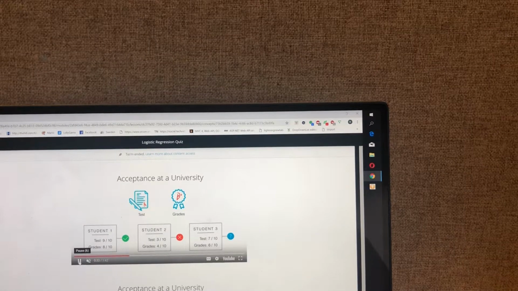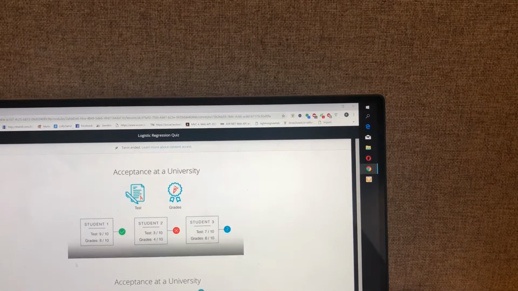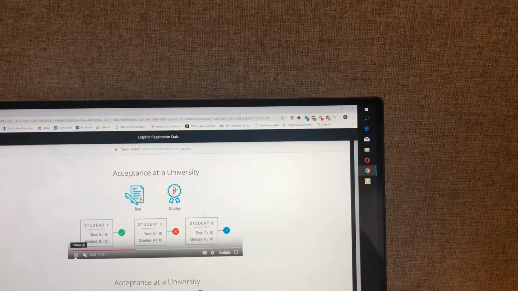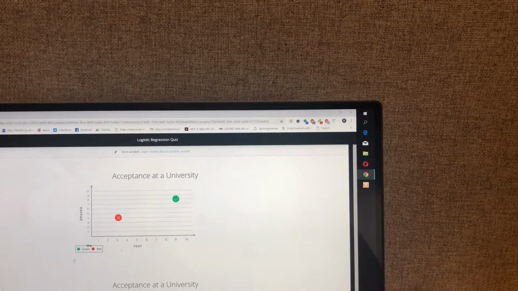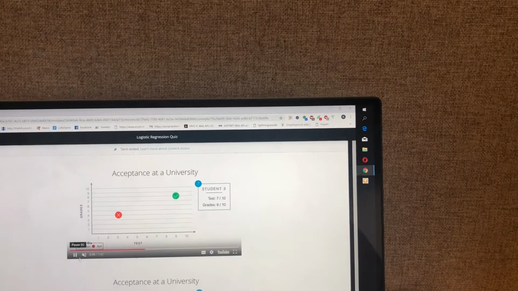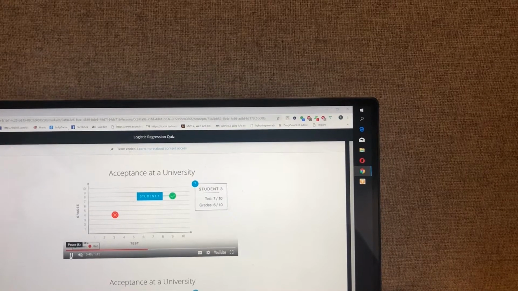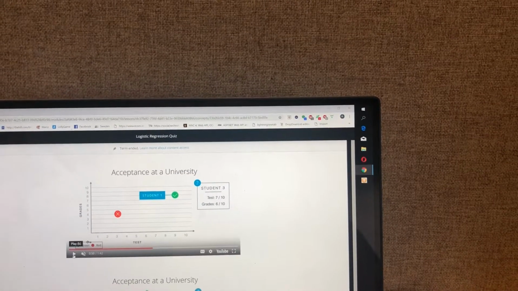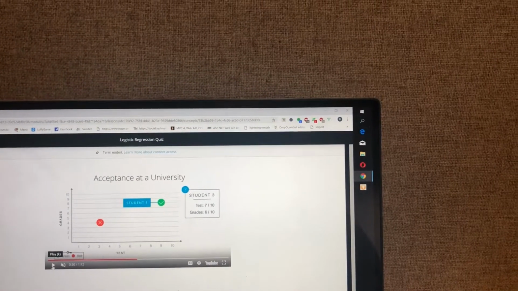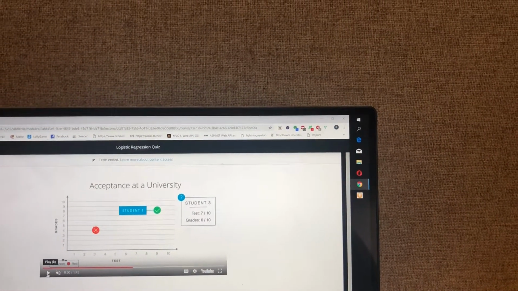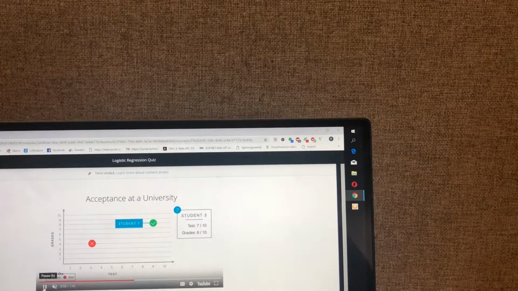So we can do this by plotting the data that we have for the previously enrolled students. We can look at these previously enrolled students and say, okay, we have student 1, who's really outstanding and was accepted, and student 2, who was really not doing very well, and that's why was rejected.